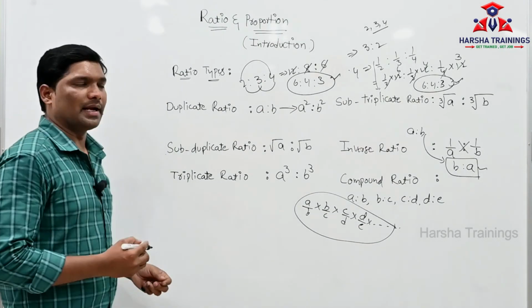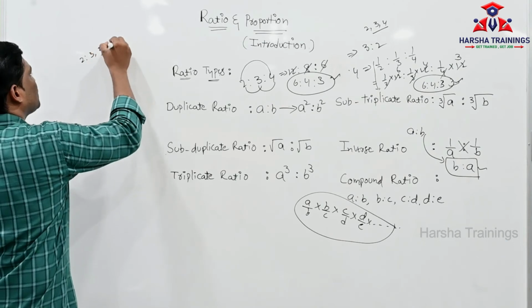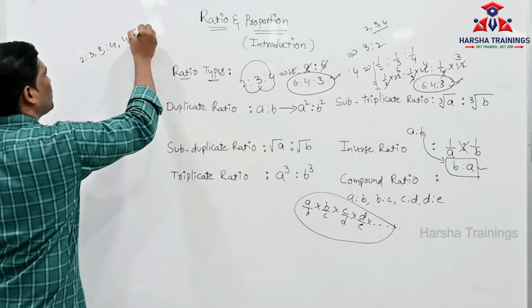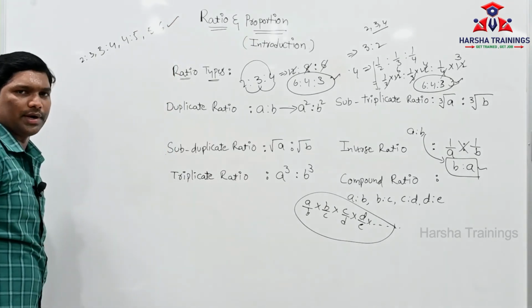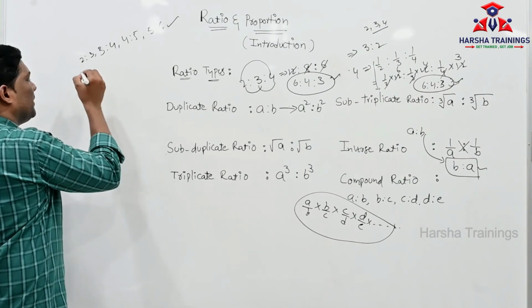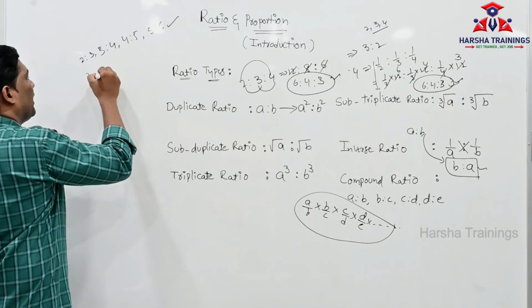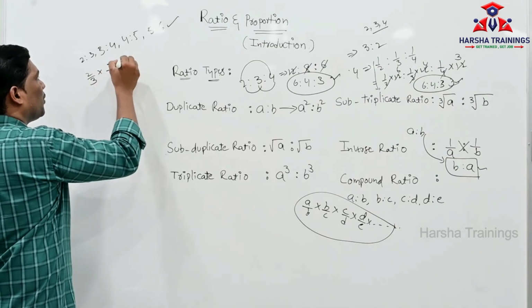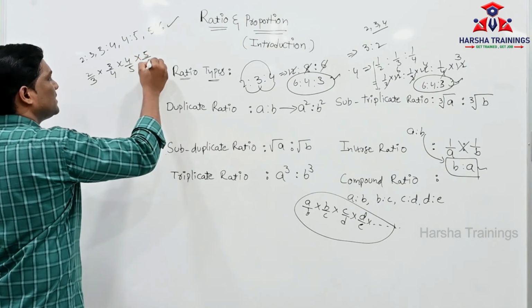For example, guys, 2 is to 3, 3 is to 4, 4 is to 5, 5 is to 6. Find out the compound ratio. 2 is to 3 means 2 by 3 is the same, right? A is to B or A by B is the same. Into 3 by 4 into 4 by 5 into 5 by 6.